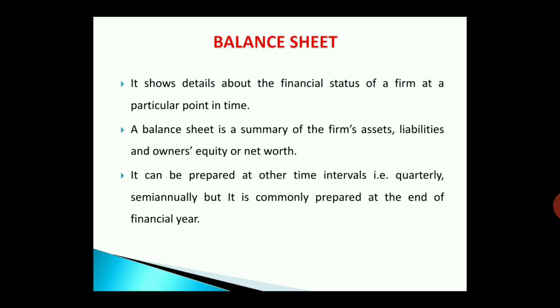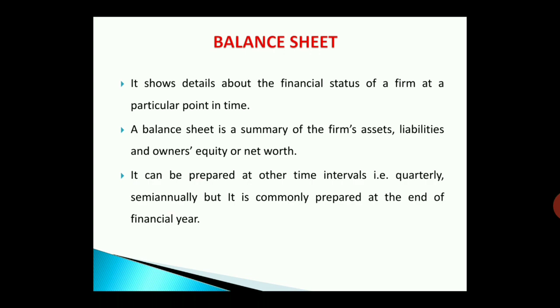Now next comes the most common term which we have heard. That is a balance sheet. It shows the details about the financial status of a firm at a particular point in time. Generally a balance sheet is taken annually or financial year wise, which here we have from April to March end.